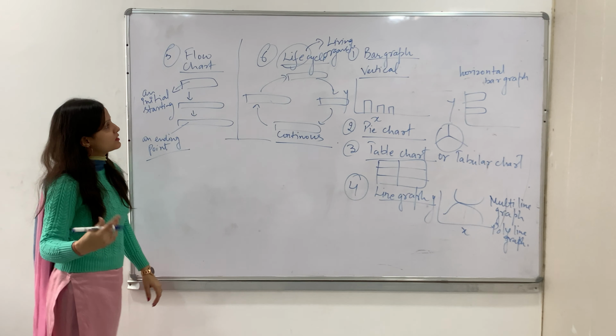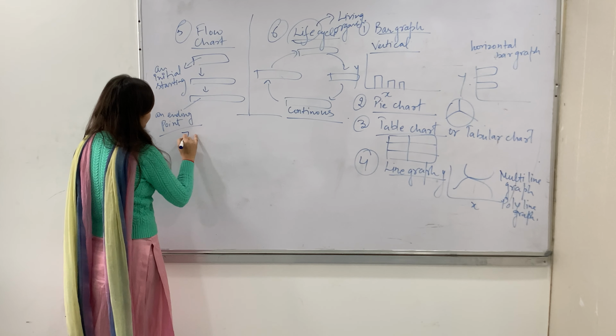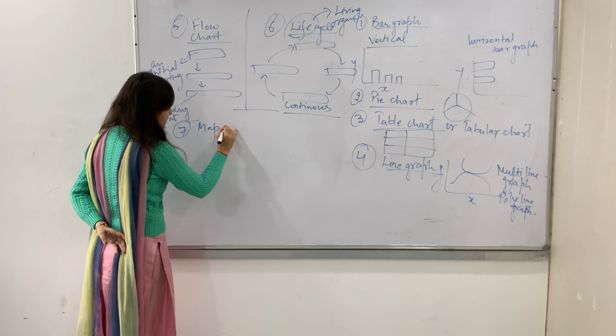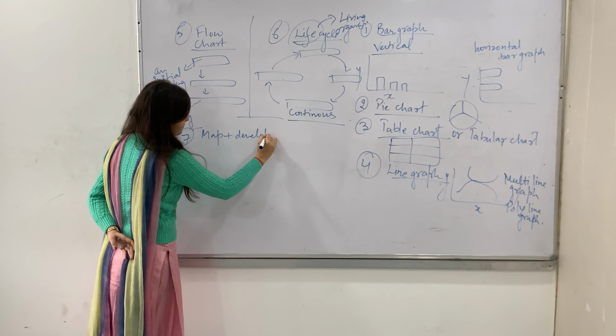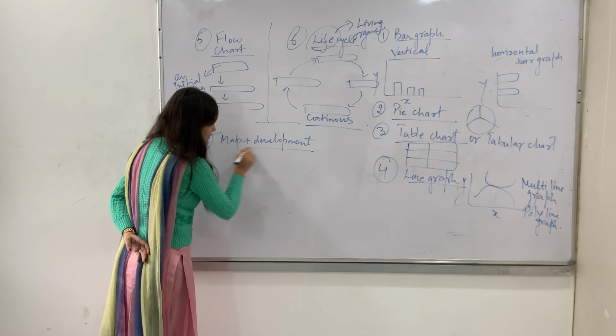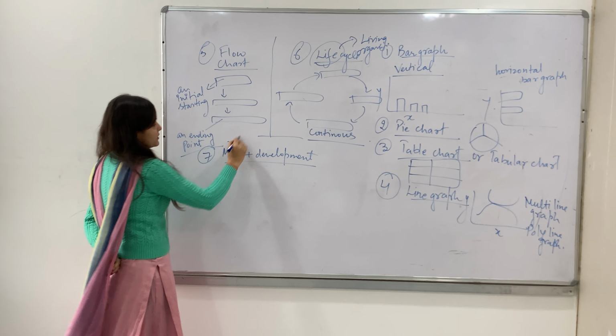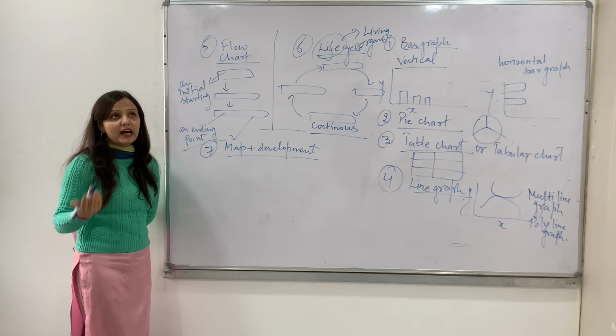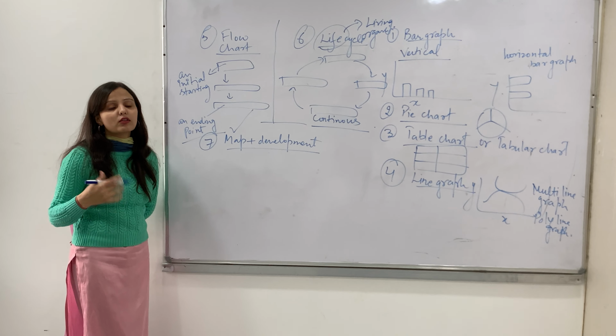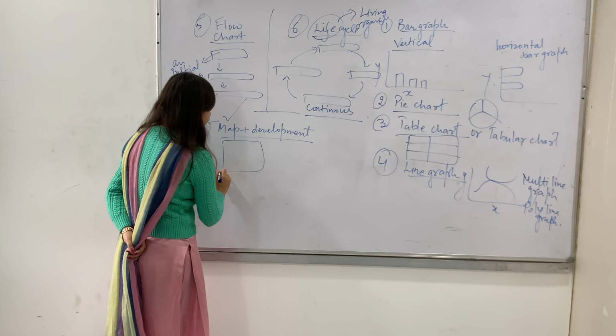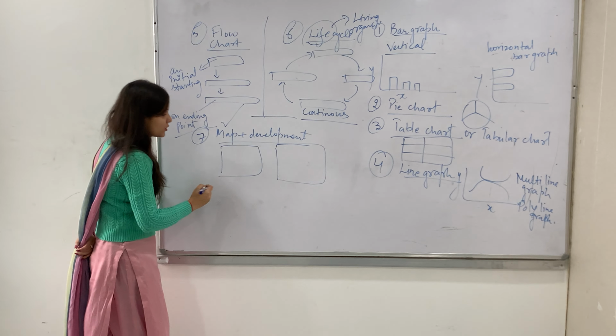Moving towards the next task, that is map plus development. A map is a layout of an area or a space or a location. For example, I am considering two maps of a school.